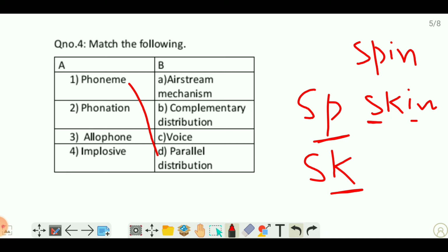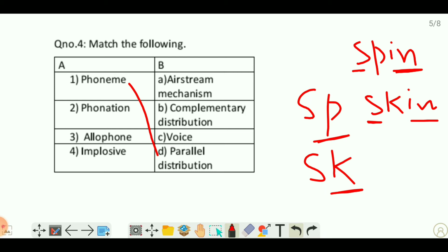So this is a structural slot where both of these two sounds can occur. Both of these two sounds are phonemes because they can occur in the same structural slot and hence change the meaning of the word from spin to sicken. This occurring in the same structural slot and changing the meaning of a word is also called minimal pairs.